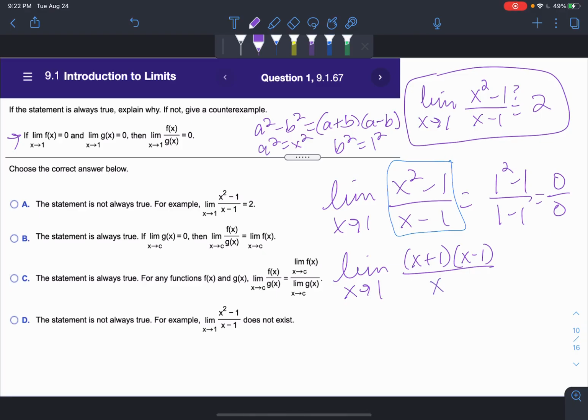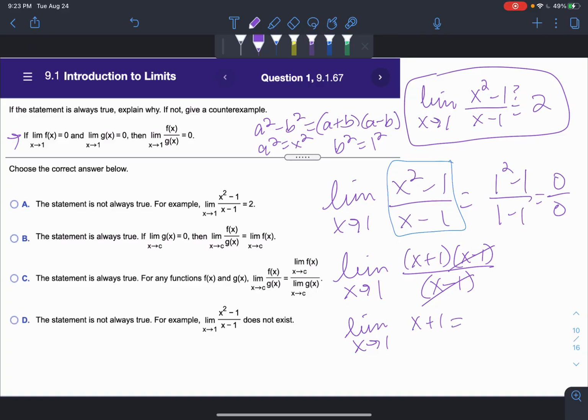When we do that, these can cancel, and we can cancel them because we're dealing with limits. We don't really care what's happening at the function value at 1. So now we want to find the limit as x goes to 1 of x plus 1.